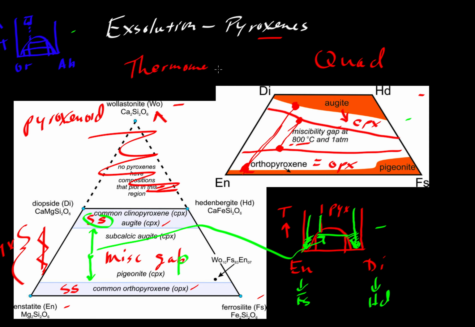We don't get the very coarse perthite-like textures in pyroxenes, but under a microscope you can often still see this kind of exsolution, this kind of unmixing. If you start with a composition at very high temperature, let's say 900 degrees or maybe even higher at 1100 degrees, it starts separating into something that is much more compositionally distinct at lower temperatures.